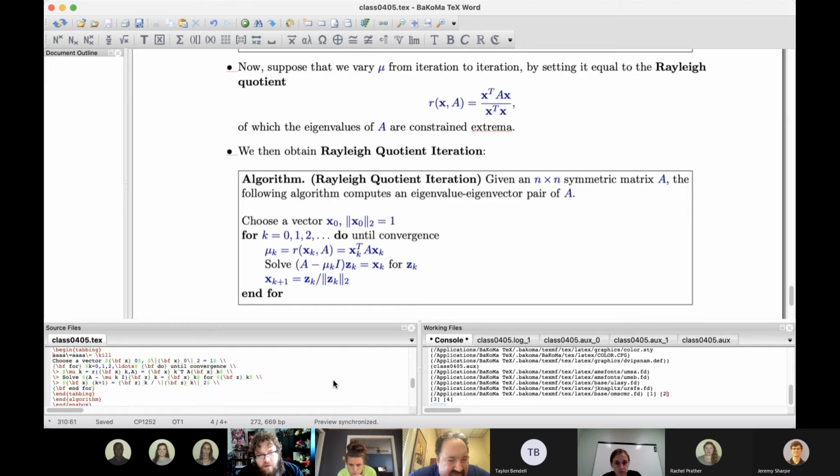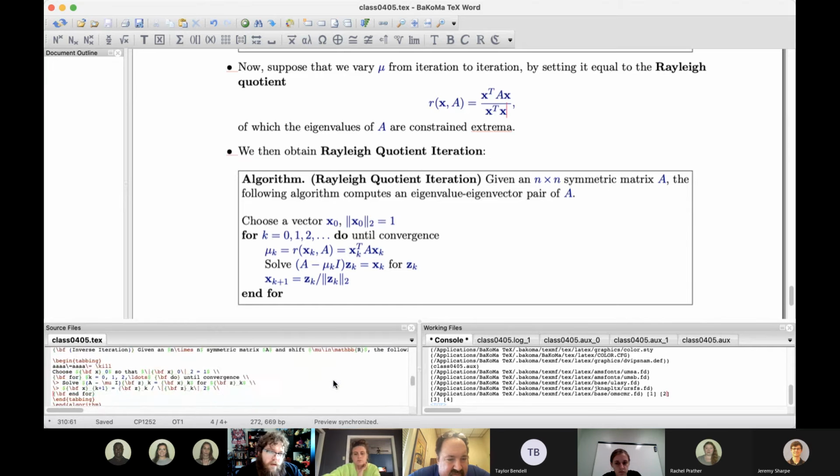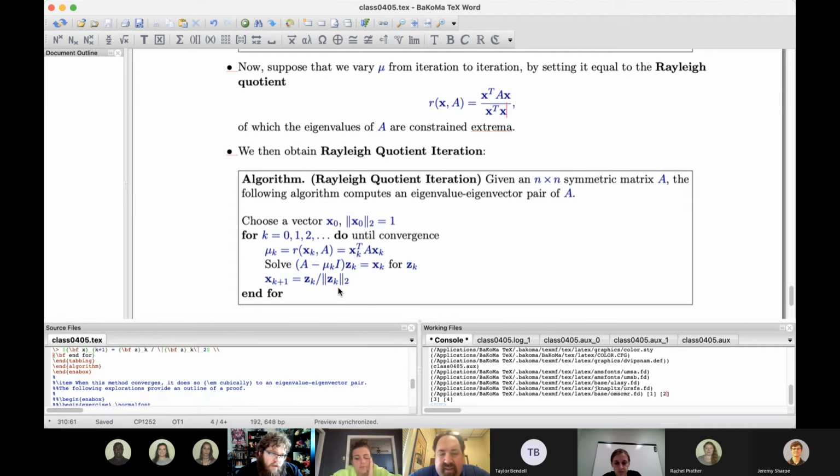Take a guess. Can you repeat the question? How come I do not need to include the division by x_k transpose x_k, and it still gives me this?